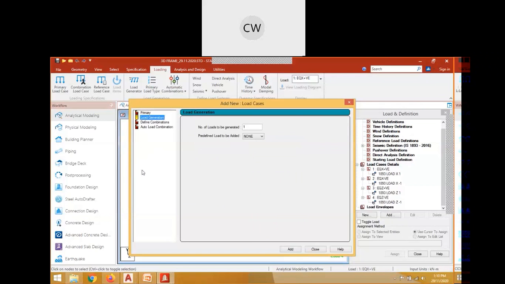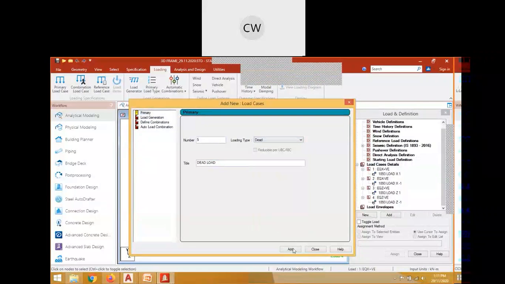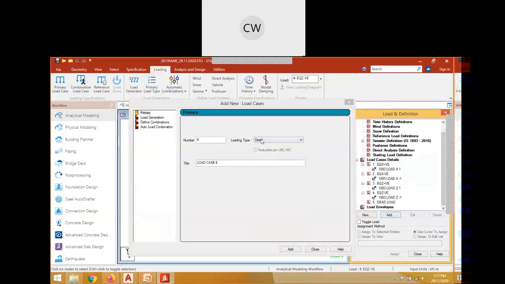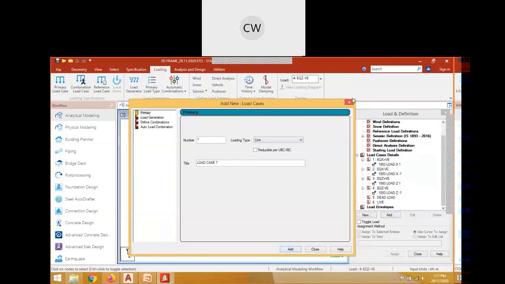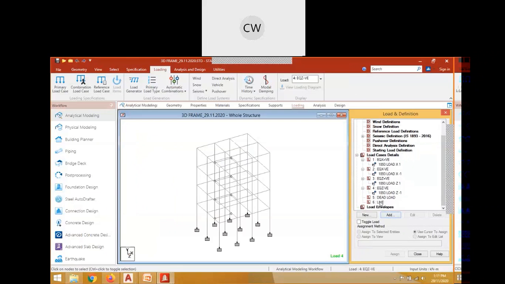So say primary load case, dead load, and the type of the case is dead. Okay, now dead load is created here. Now I will just create the live load similarly. Case number 6 is live, say add. Okay. Now the other two cases are created, 5 and 6 are dead load and live load.